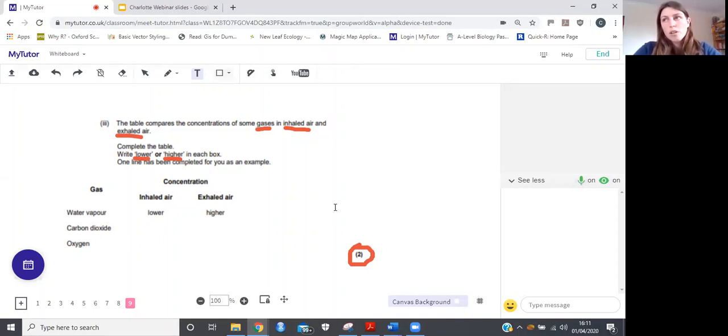So carbon dioxide travels from our cells where respiration is taking place, goes into the blood, goes into the lungs, and then is taken away from the lungs. So it's exhaled. So there is more carbon dioxide in exhaled air. So we would put higher here.